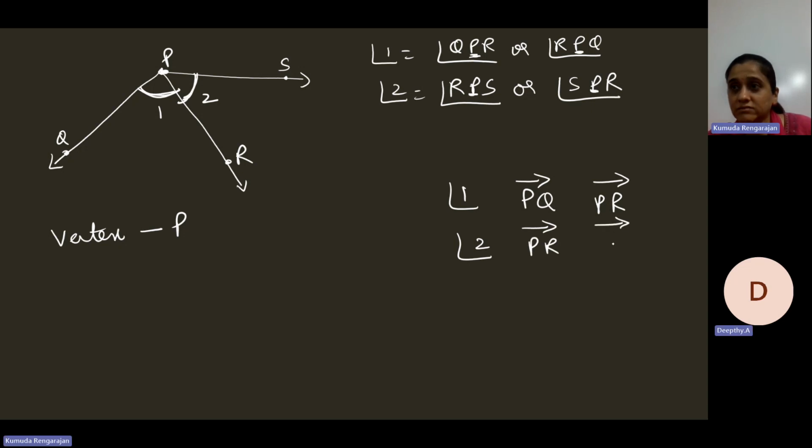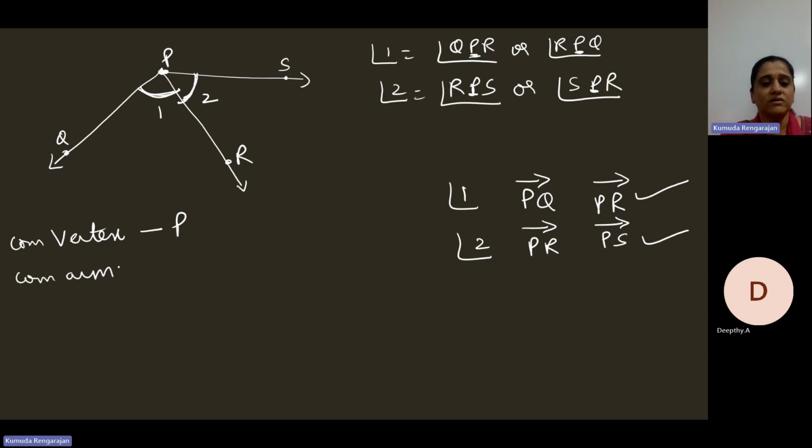Ray PR and ray PS. Here we have the arms of the two angles. These two are the arms of angle 1, and these two are the arms of angle 2. Now check, do they have a common arm? Common vertex is P. Common arm is ray PR.